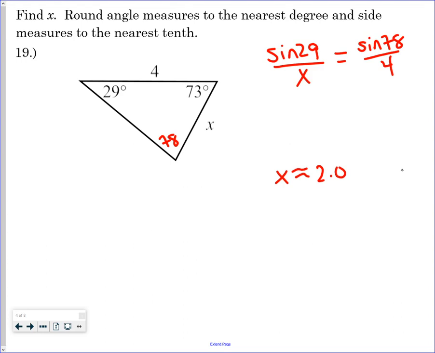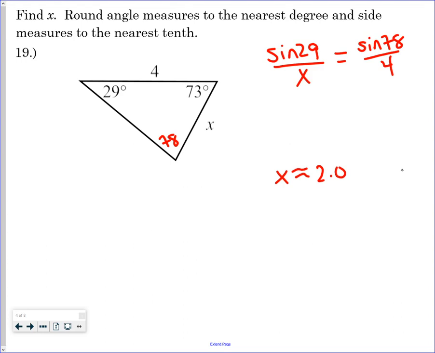So do it again. Sine 29 times 4. The first time you did sine 29 into equals, and then you times 4. You can do that again. That's fine. Do what you did the first time. Clear it. Sine of 29, hit the equals because that's what you were comfortable doing the first time. Times 4, hit the equals. Now divide by sine of 78. Is that okay? Yeah. Okay.